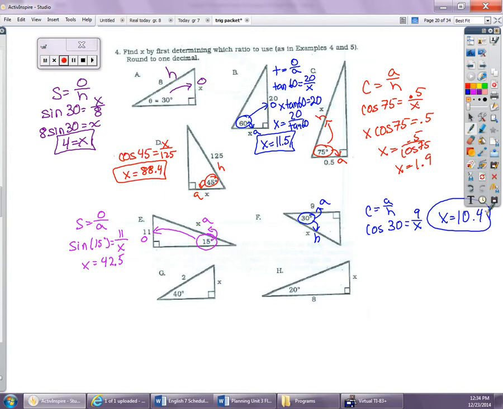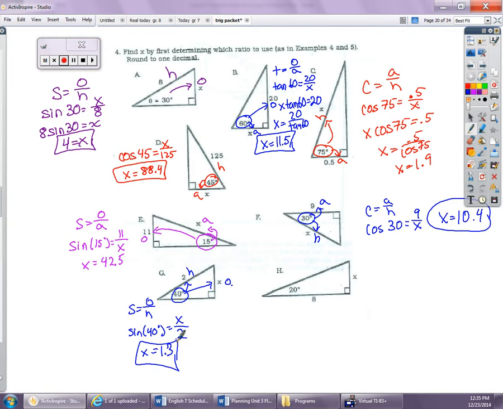You look at G, here's our angle, this is the opposite, this is the hypotenuse, so opposite and hypotenuse is sine. So the sine of 40 degrees equals opposite, which is x, hypotenuse is 2. Solve this, multiply both sides by 2, so x is about 1.3.